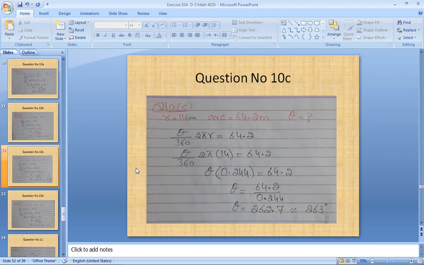So theta multiplied by 0.244 equals 64.2. So theta will be 64.2 divided by 0.244, and that will be approximately 262.7, which is approximately 263 degrees. So question number 10 and its C part, 263 degrees is the answer.